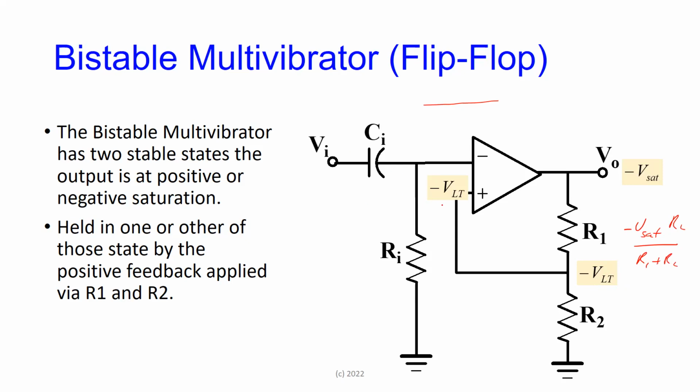So this point is at minus V lower threshold, whatever that voltage happens to be. If I were now to send a voltage here that was more negative than this, right?